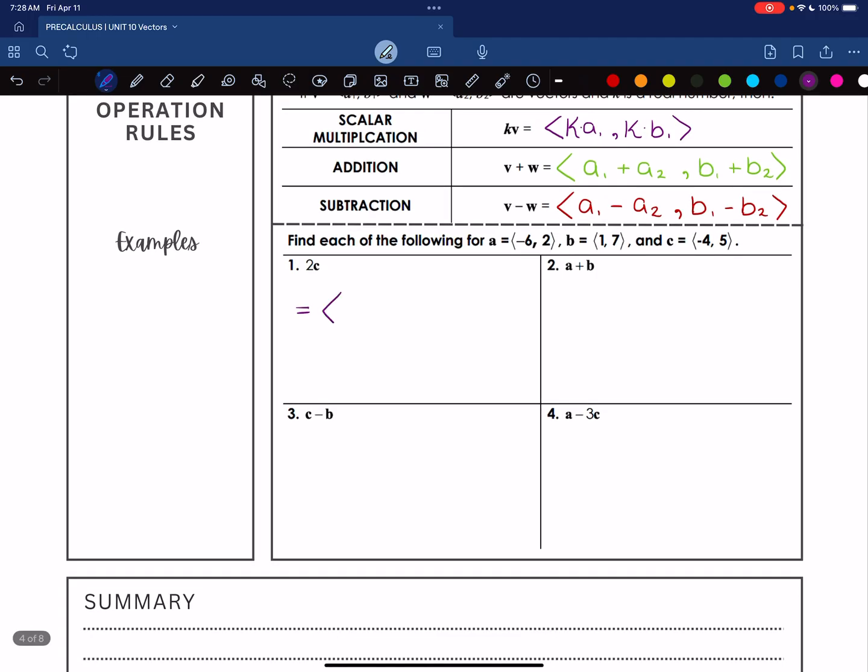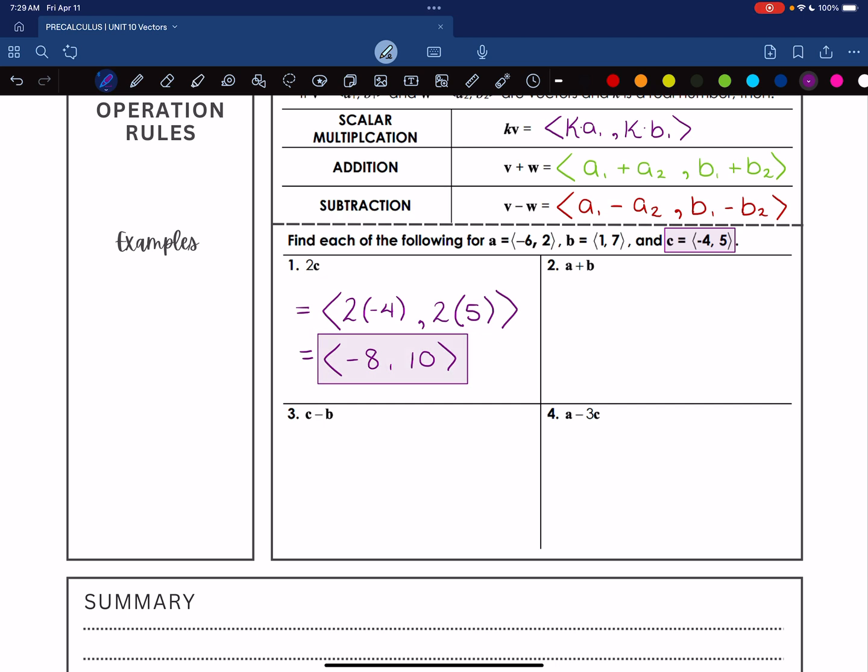So that would be to say 2 times, and for c, that's right here, 2 times the -4 and 2 times 5. So that means that our resultant vector is going to be -8 and 10. That's the result of that scalar multiplication. There you go.